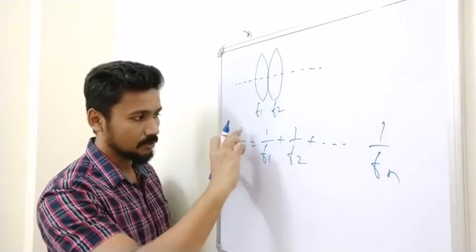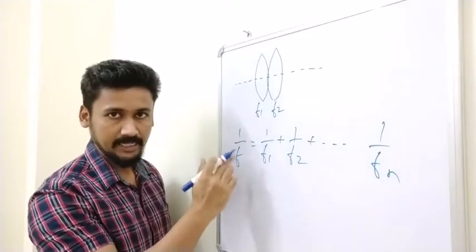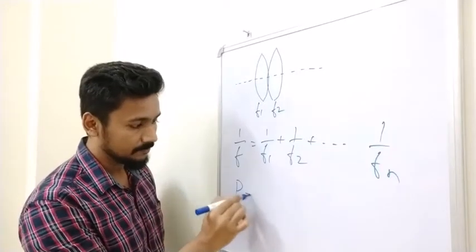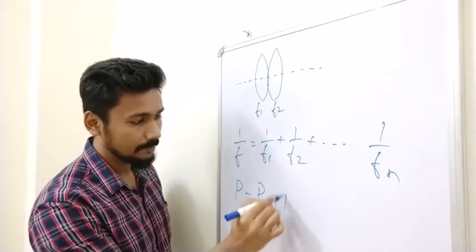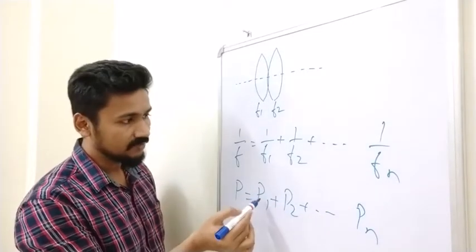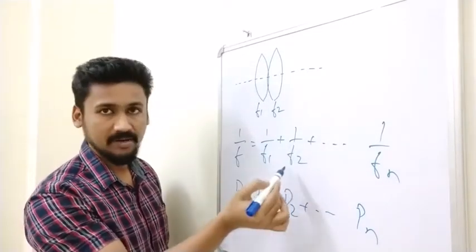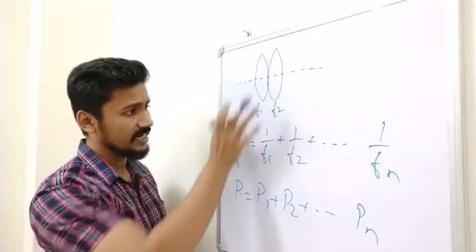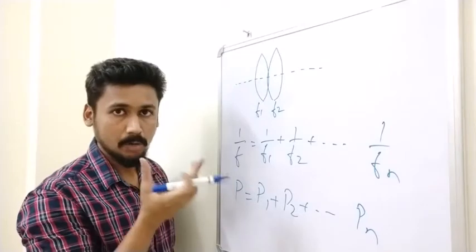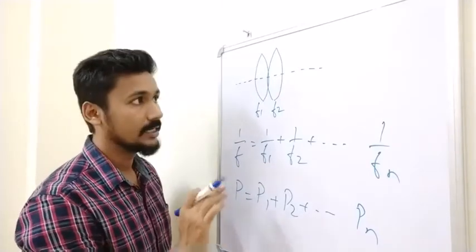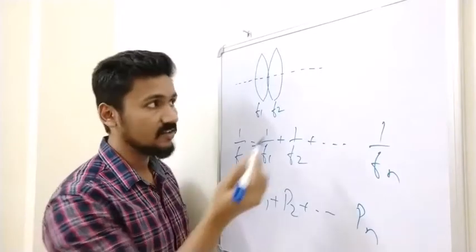And obviously now, since this is 1 by focal length, this can be called power. So the total power will be P, which will be equal to P1 plus P2 up till Pn. P1 will be 1 by f1, P2 will be 1 by f2, and so on. So when we have lenses in contact with each other, a combination of lenses, these are the formulae for focal length and power. Now what will happen to their magnification?